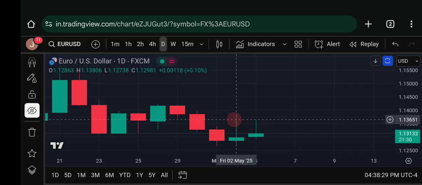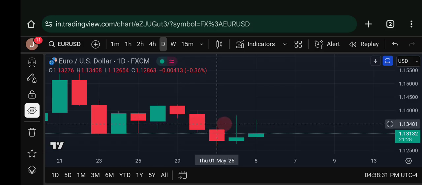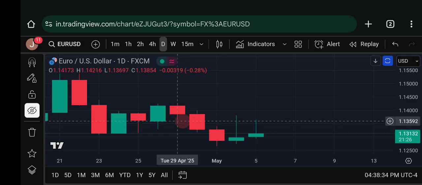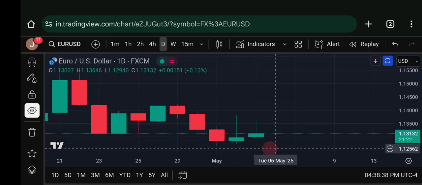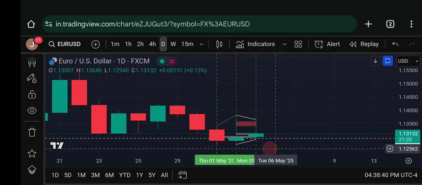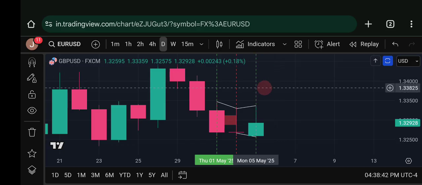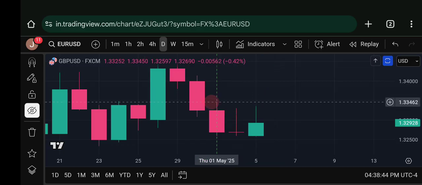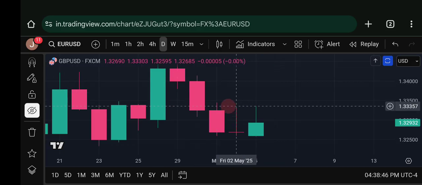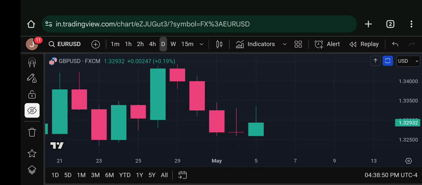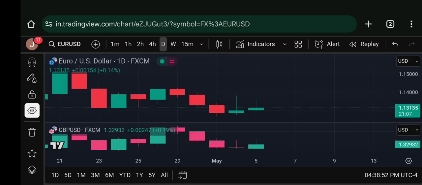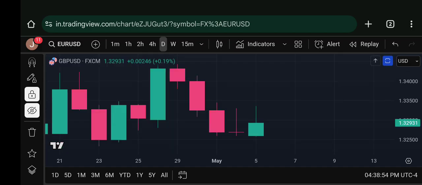We can see that price entered this IRL, this bearish fair value gap, and price was expected to move down below these lows. And price did not enter this fair value gap because there was an SMT here, and price swept out the sell side liquidity on GBP/USD. That's what happened on the daily.